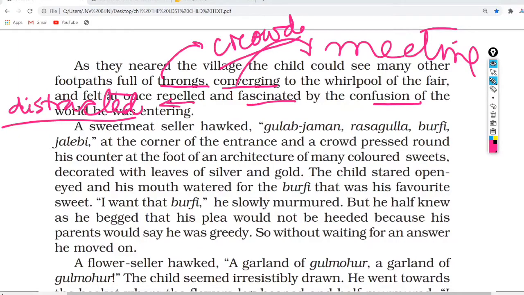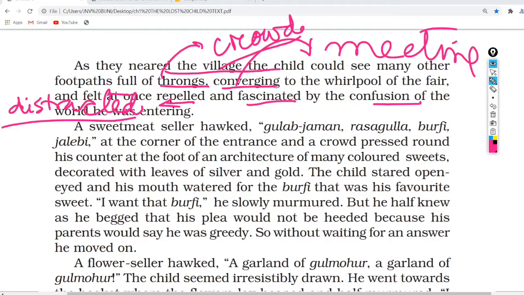So what is the reason? Let us see. So now they are almost near the village. At the time, what is seen is that the child could see many footprints, and there are a crowd of people. Lots of people were there, and these people actually come from different directions. And this is the meeting place. And after seeing this huge crowd of people, first he got repelled.